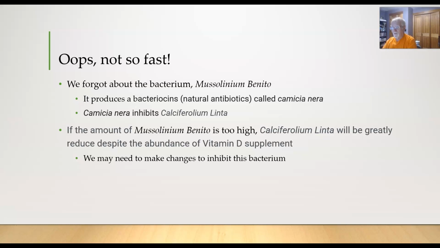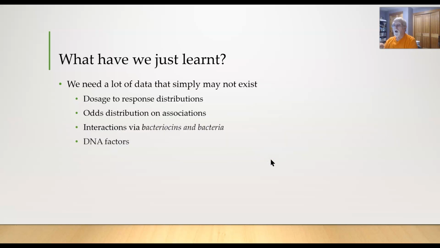Are we starting to have a bit of a complex? Remember, this is a very simple, naive constructed case. We're already starting to look at some of the complexities involved. Well, what have we just learned? We need a lot of data that simply may not exist. Vitamin D I picked because we have beautiful things. We have documented distributions. We have formulas available to calculate how much you need to make a required shift.